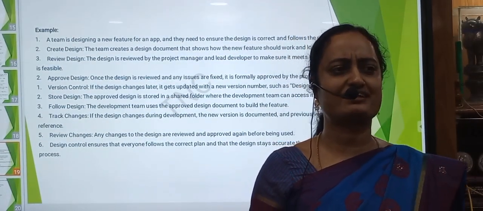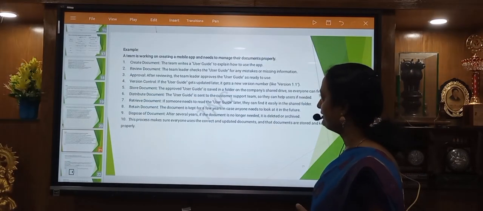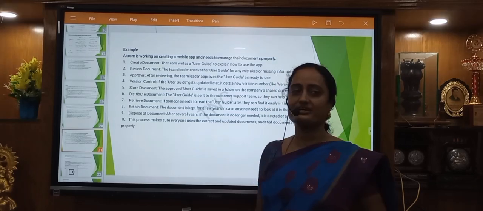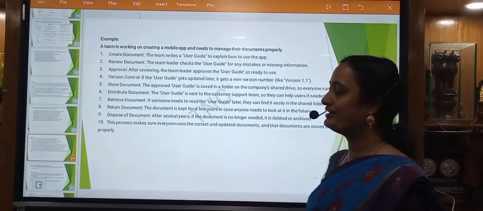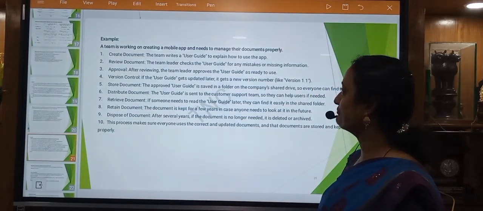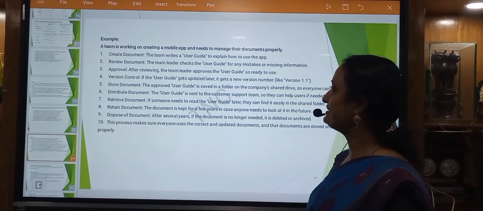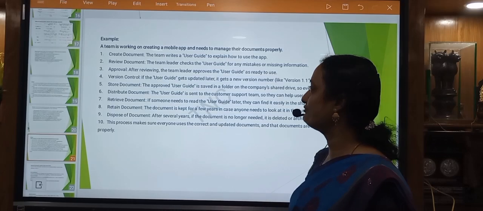Next, follow the design. I have given one example for design control. Now, an example for document control. A team is working on creating a mobile app and needs to manage the documents properly. So the team writes a user guide to explain how to use the app.